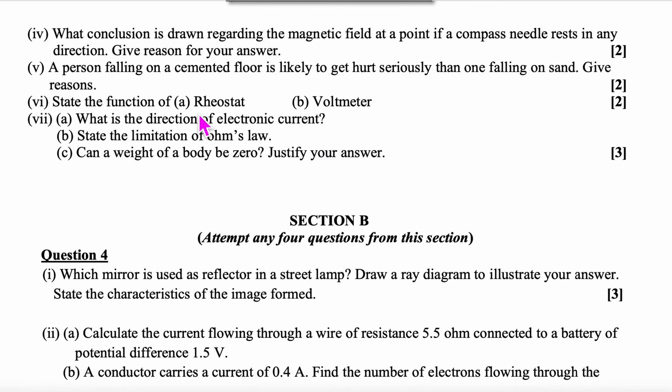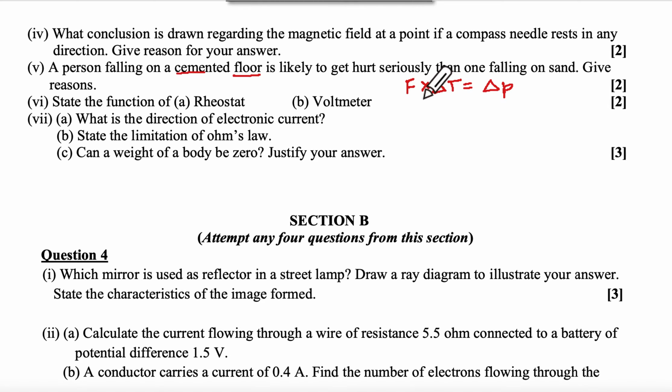Okay. Person falling on the cement floor is likely to get hurt more seriously. What you will say: for the same change in momentum, that is to make the velocity come to zero, the time taken is very short when he falls on a cemented floor. F into delta T is equal to delta P, correct?